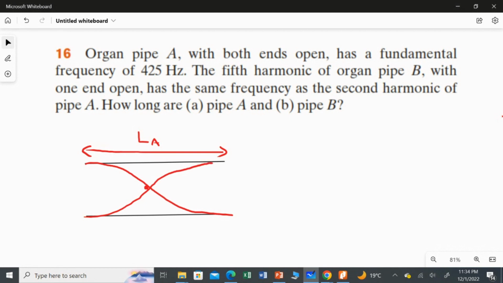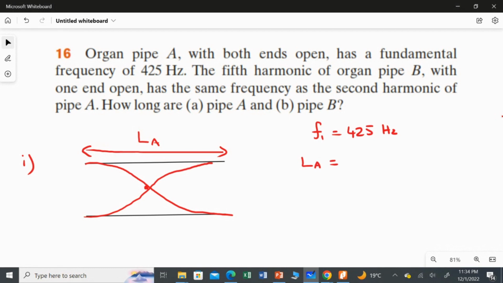Clear? Now I am going to write what should be the value of lambda for this case. This is our first case, organ pipe A with both ends open for the fundamental frequency. The fundamental frequency here they mention as 425 Hertz, right? Fundamental stands for n equal to 1, so better I can write this as F1. Now I am going to calculate how many lambdas are here. The total length in organ pipe A is equal to how many wavelengths?